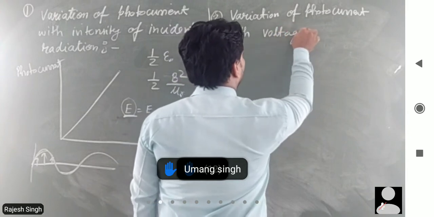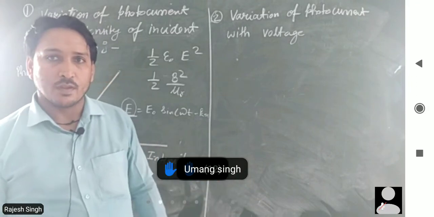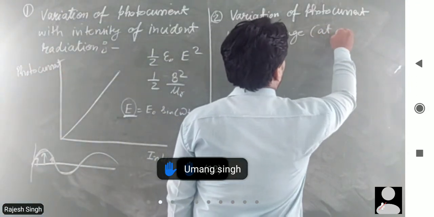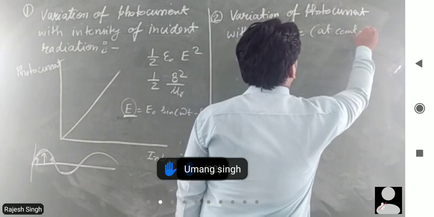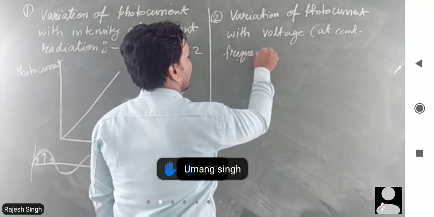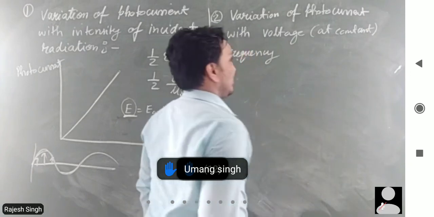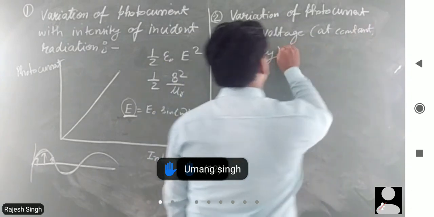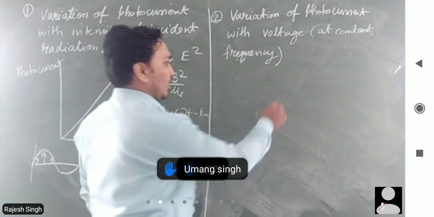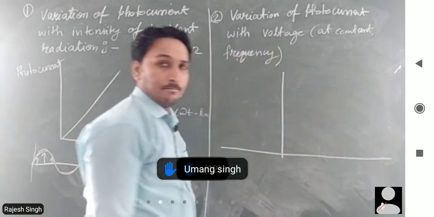I have removed the circuit, but I am talking about the voltage we are applying. Frequency is constant. We keep on changing intensity, but frequency is constant. So how does the graph go? Let us see.